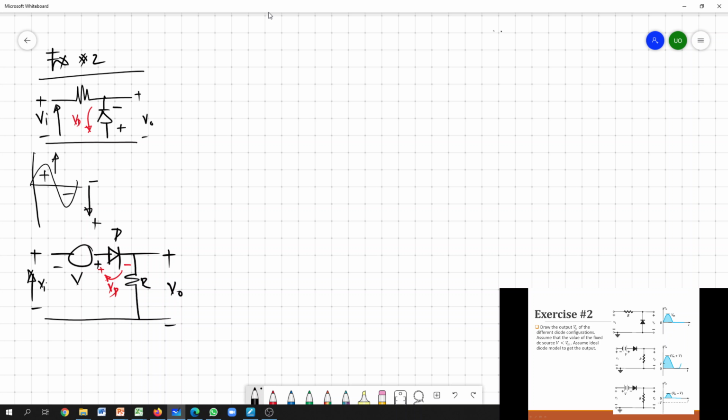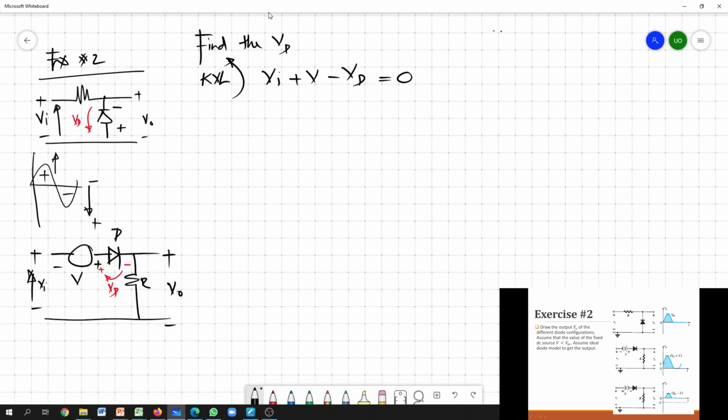So we'll find the actual voltage VD across the diode. We'll remove the diode first and apply Kirchhoff's voltage law to measure the open circuit voltage. So we can simply say that Vi plus the source voltage V minus Vd equals 0, because once you remove the diode, the circuit is simply open, so there won't be any current flow through the resistor.